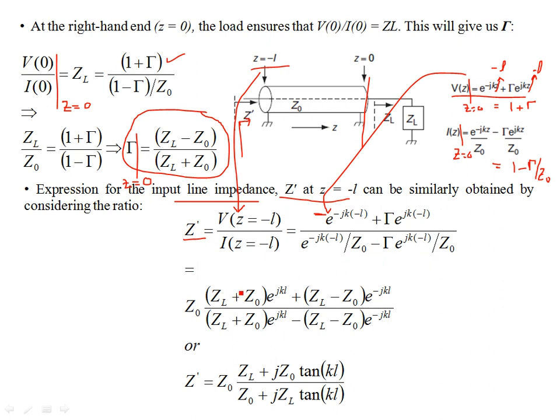Divided by Z naught, and if you rearrange this and substitute for gamma what we have derived before, the definition of the reflection coefficient in terms of the characteristic impedance and the load impedance, ZL minus Z naught over ZL plus Z naught, then we can arrive at the input impedance Z prime.